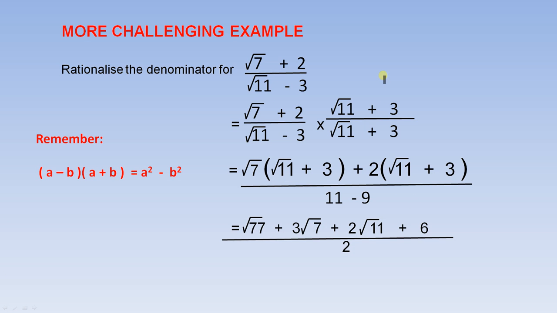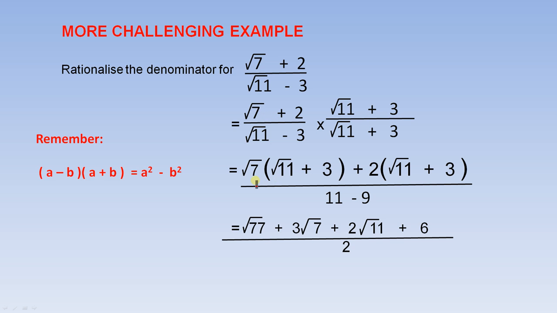So there is your answer with a rational denominator. Now here's a more challenging example. We have to rationalise the denominator for this fraction here. So what we do is we multiply the top and the bottom by the square root of 11 plus 3 over the square root of 11 plus 3. The overall value here is 1, so it does not change the value of this fraction. It's still the same. So let's expand this top section here.